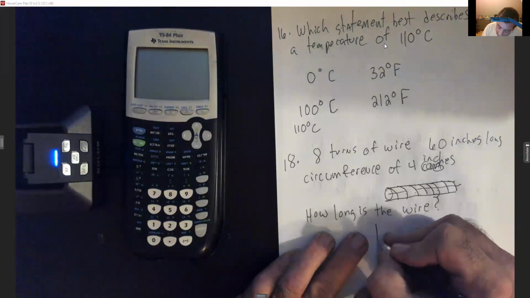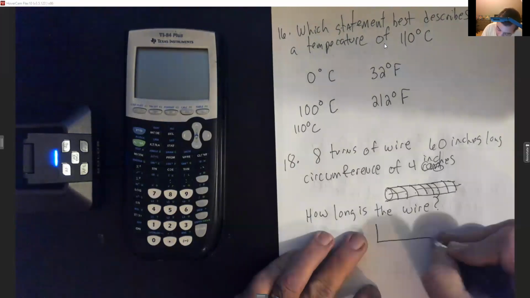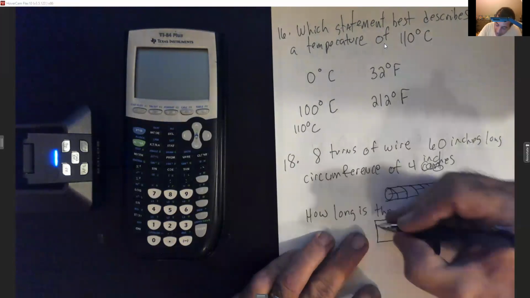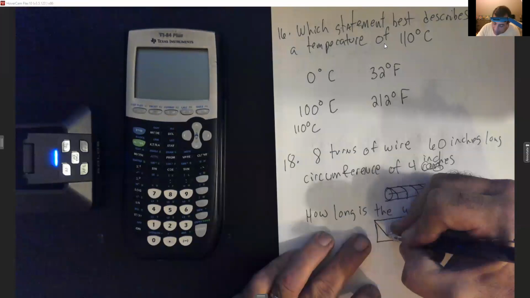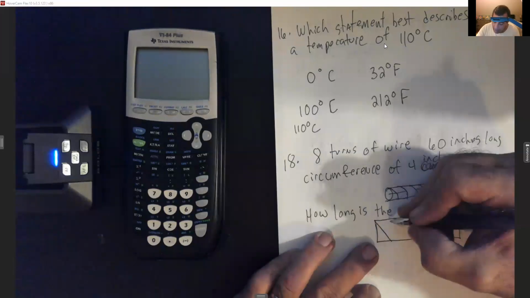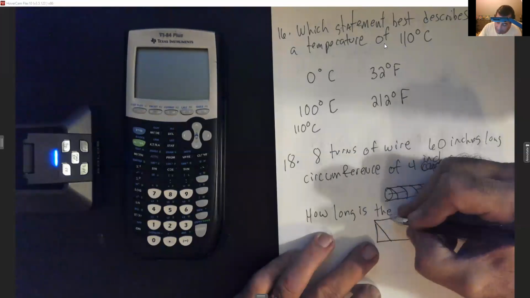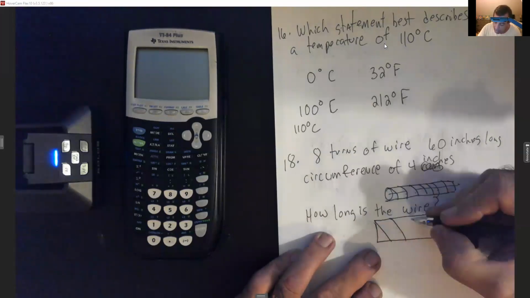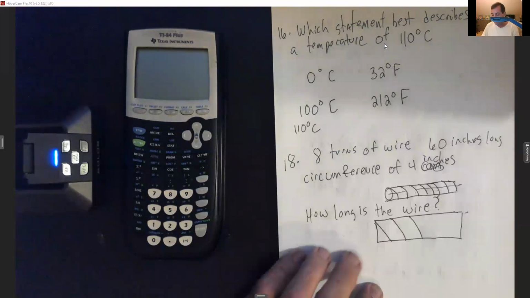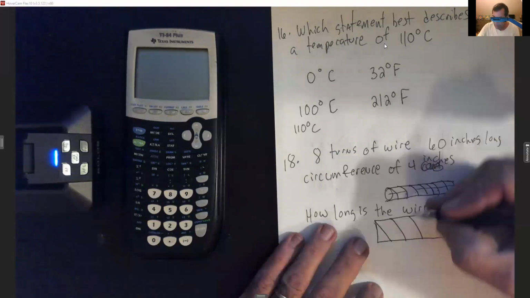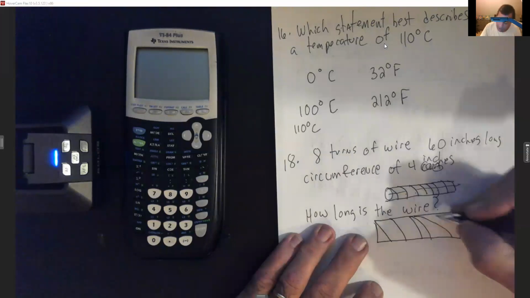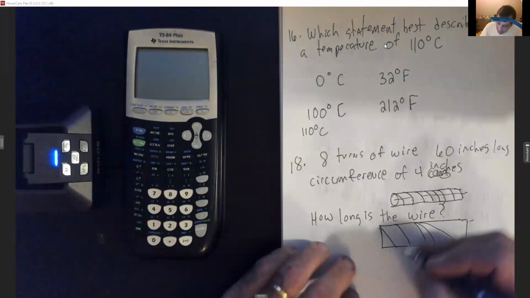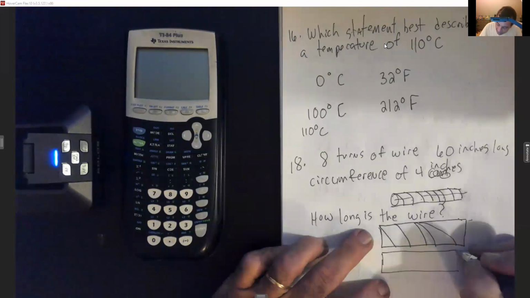So if you did that, watch what you're going to get. You got the ends of your pipe, and you're going to have 8. So let me draw this right. So the wire's wrapping around, wrapping around. I want y'all to get the idea of what we got going on.